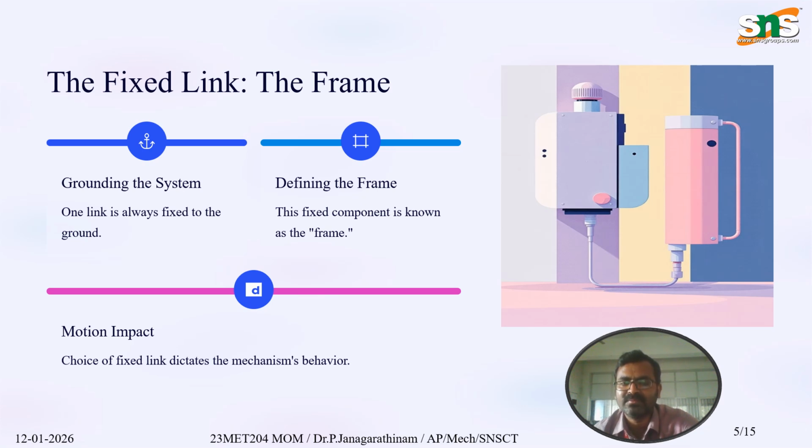The fixed component is known as the frame, and the choice of fixed link dictates the mechanism's behavior, because we have to fix one point as the arrest, with no degrees of freedom. All the remaining links and joints withstand the force applied under running conditions. So the base is known as the frame.